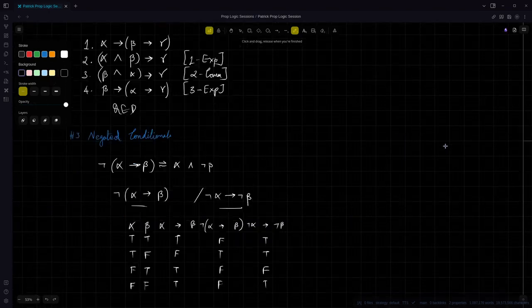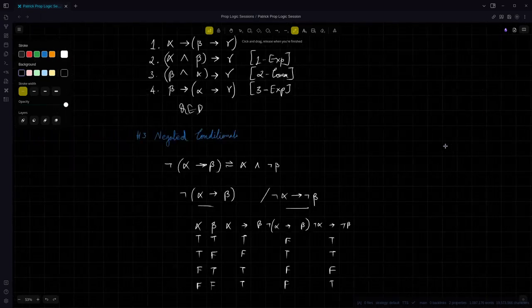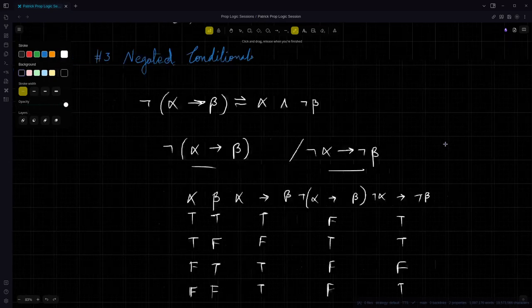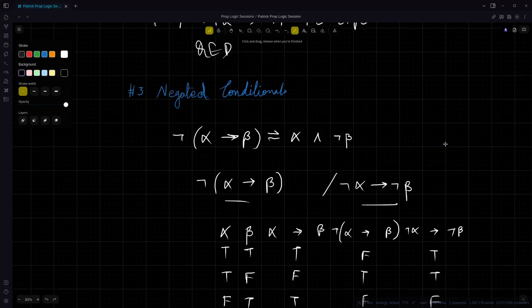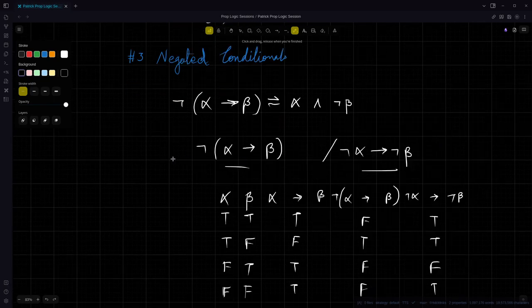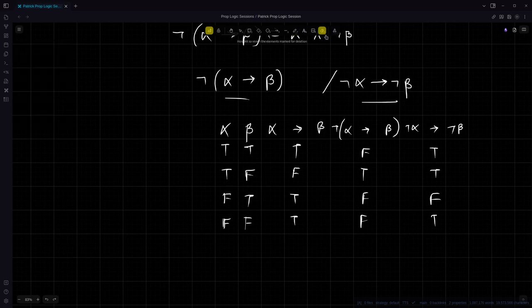We'll get to conditional proof, maybe later. But you can't multiply this like that.